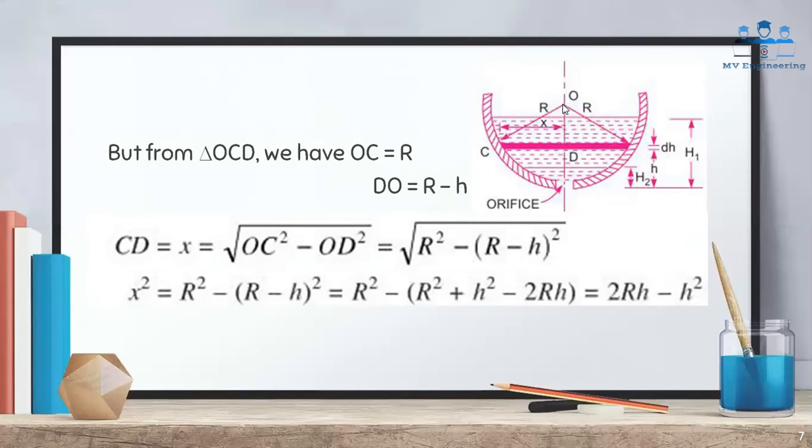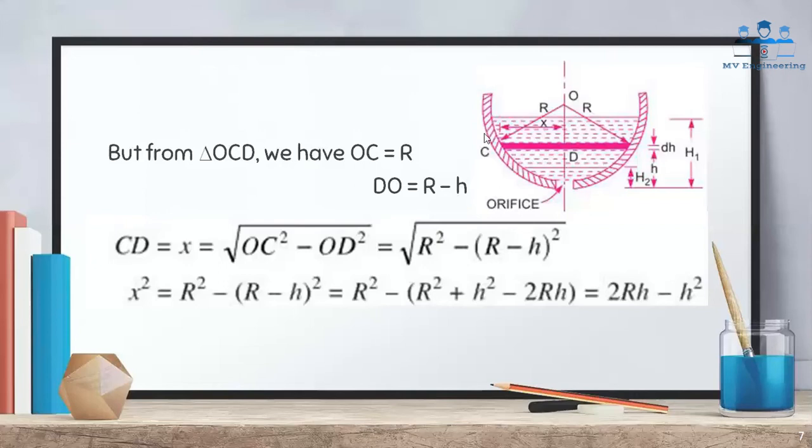We know that the distance from O to this opening will be equal to the radius capital R, and we also know that from this opening till D it is equal to small h. So the value of OD will be equal to R minus h. So we have OD equal to capital R minus h.